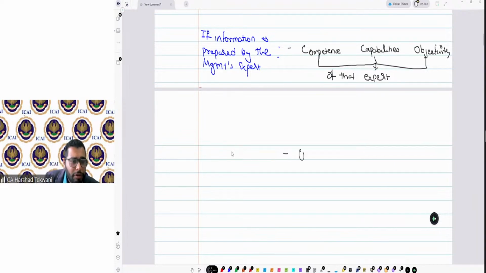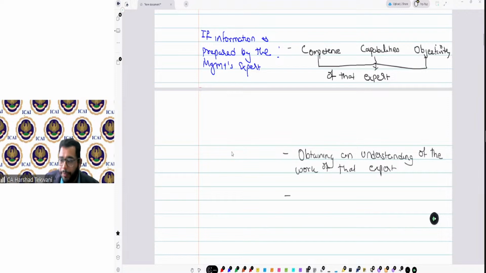So it talks about obtaining and understanding the work performed by the expert, the work of that expert. So you need to obtain an understanding. Third, then you need to evaluate the appropriateness of the expert's work.